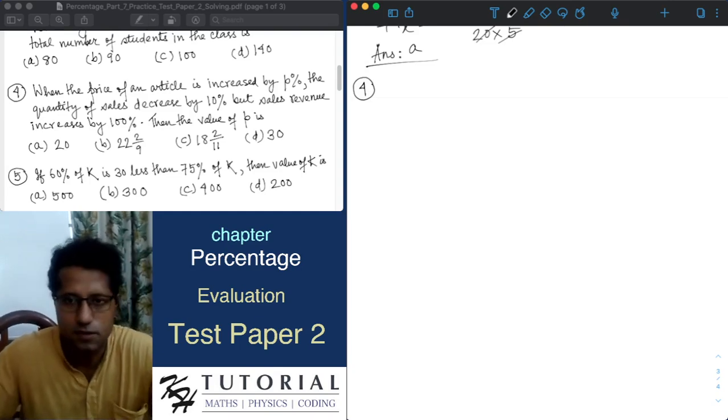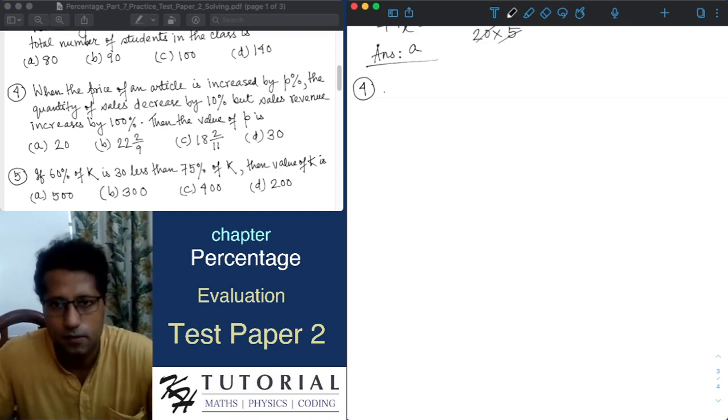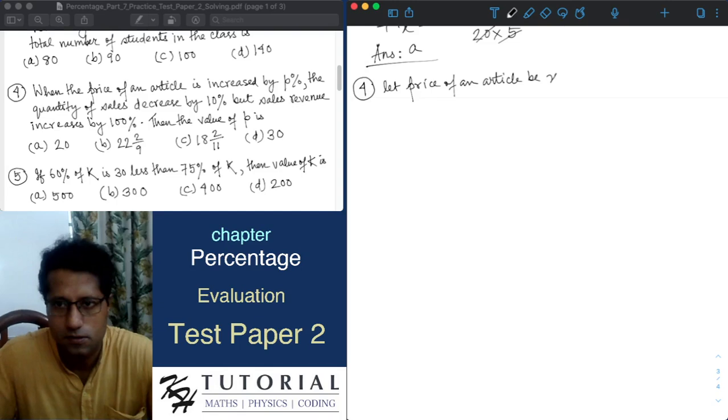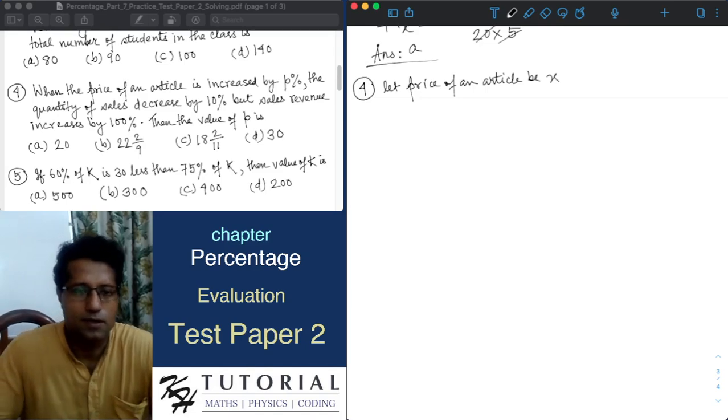Let's assume, let the price of an article be X. I'm ignoring the unit of currency, whatever it be: rupees, paisa, dollar. That is not important.